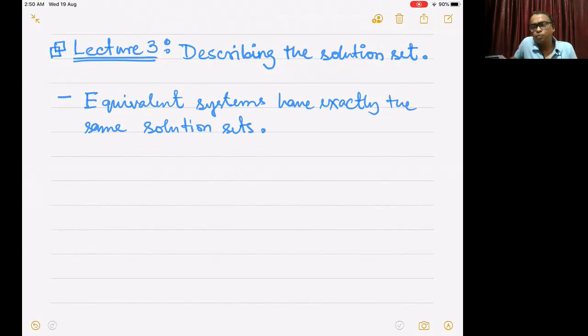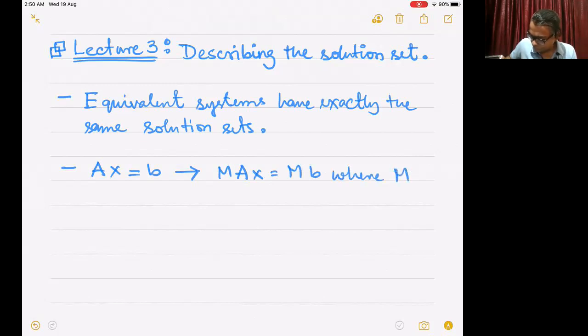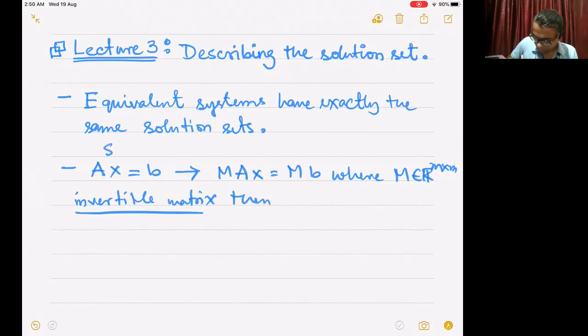The idea is that if we have an equation Ax equal to b, then from here, if we obtain MAx equals Mb, where M is a square invertible matrix, and if this is system 1 and this is system 2, then system 1 and system 2 are equivalent.